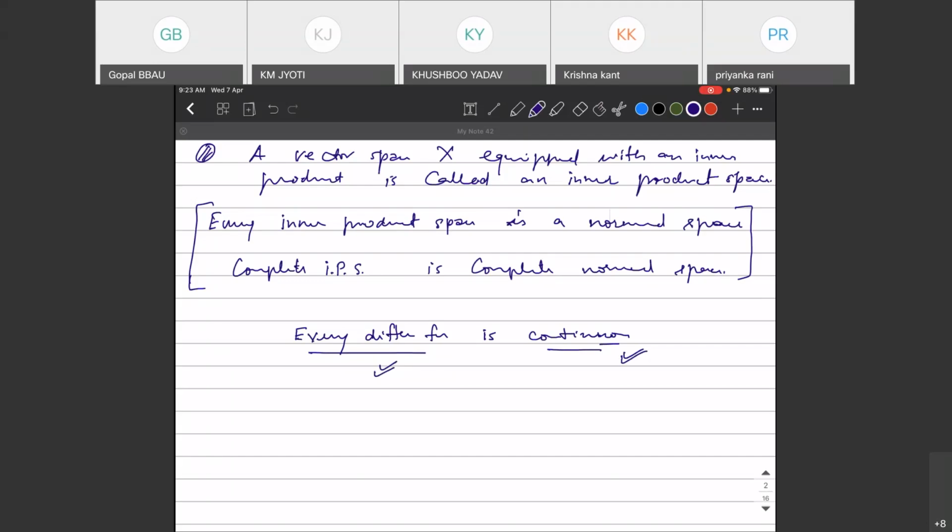Do you see this? So similarly, if we have a result for normed spaces, then it will be true for inner product spaces, because an inner product space is a normed space.